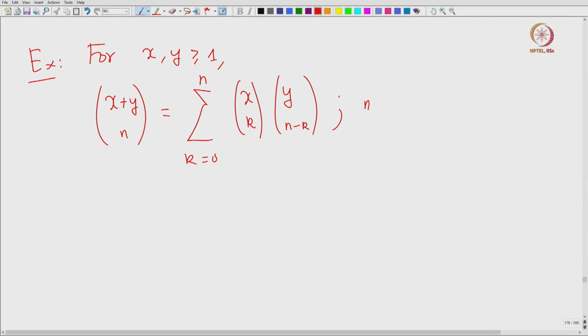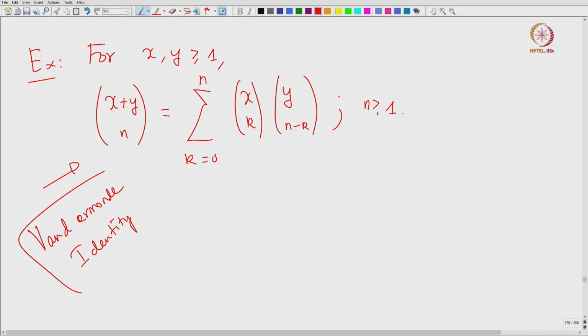And this is true for all n greater than or equal to 1. And this is called the Vandermonde identity, and I am going to leave it as an exercise. One can prove this using induction.